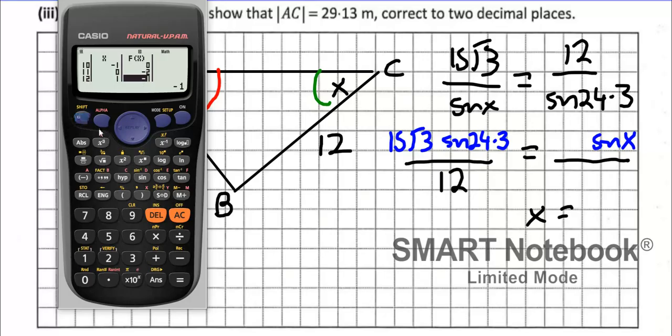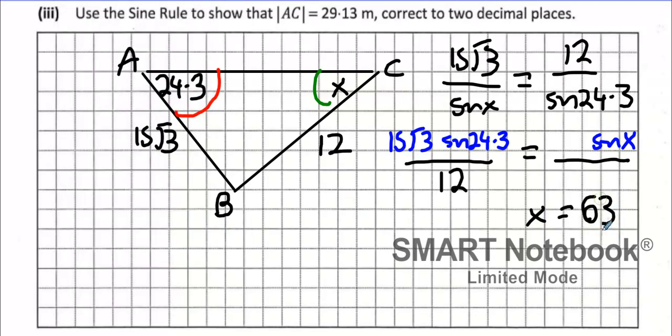So shift sine inverse, 15 root 3 sine. Make sure you're not in radian mode. Sine 24.3, and then all over 12, is it? Who got 63 degrees basically, or 62.99? So we'll take that as 63, as close to 63 as we can get, really.